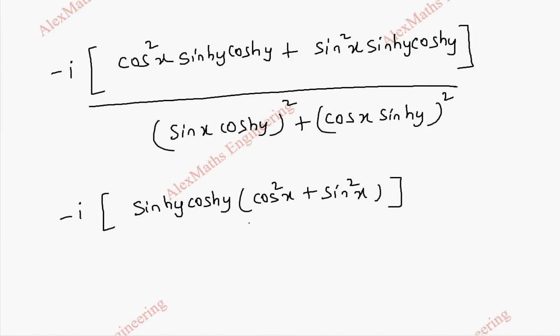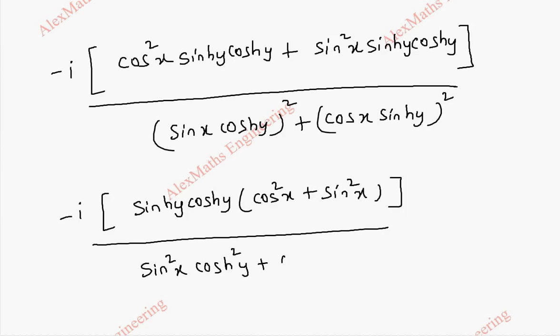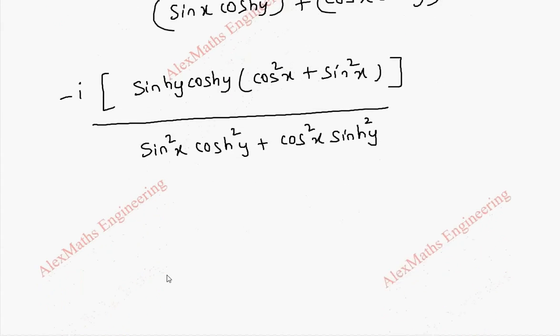Then the whole division, the denominator we shall take individual squares, so sin square x into cosh square y plus cos square x into sinh square y. And now the numerator sin square x plus cos square x, we can make it as 1.